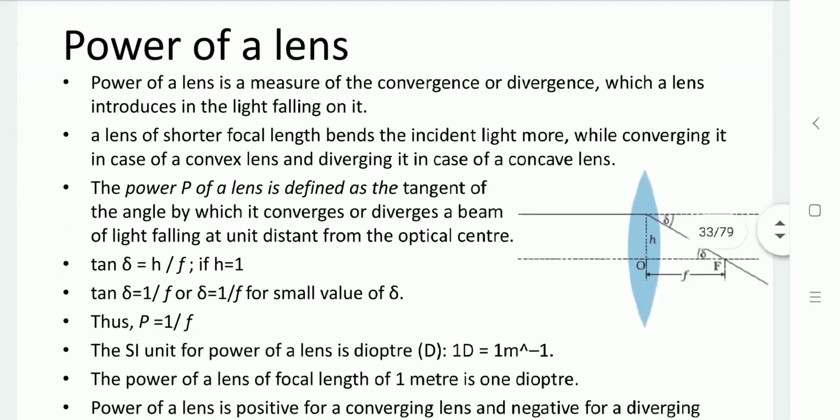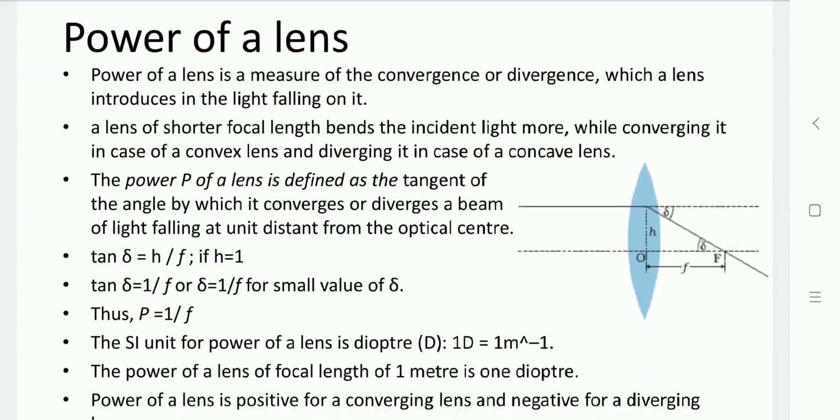Now let us calculate the power of a lens. Power of a lens is a measurement of the convergence or divergence which a lens will produce in the light falling on it. If the focal length is shorter, it will bend the incident light more, converging it in the case of a convex lens, and diverging the light beam in the case of a concave lens.